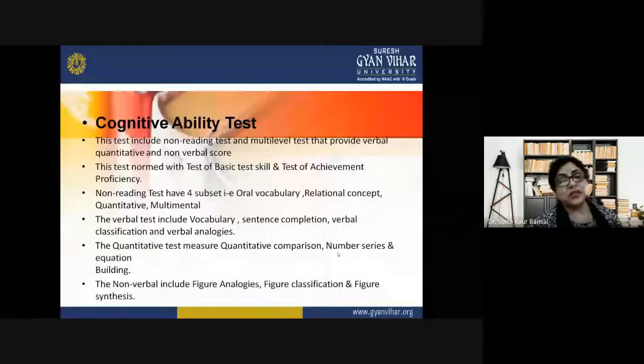Non-reading tests have four subtests: oral vocabulary, relational concepts, quantitative concepts, and multimental. Verbal tests include vocabulary, sentence completion, verbal classification, and verbal analogies.